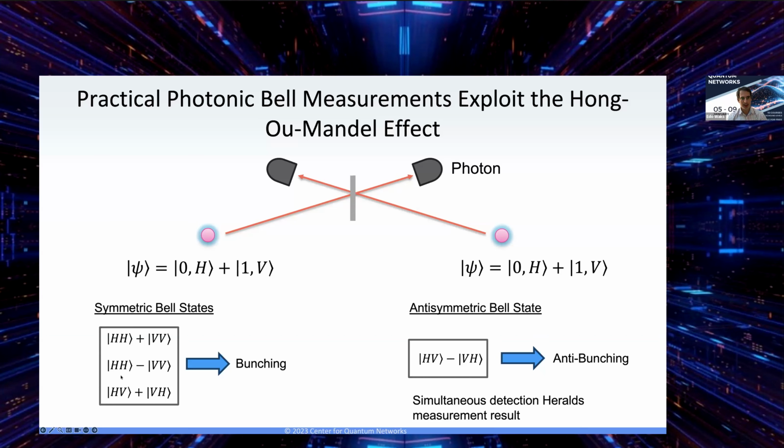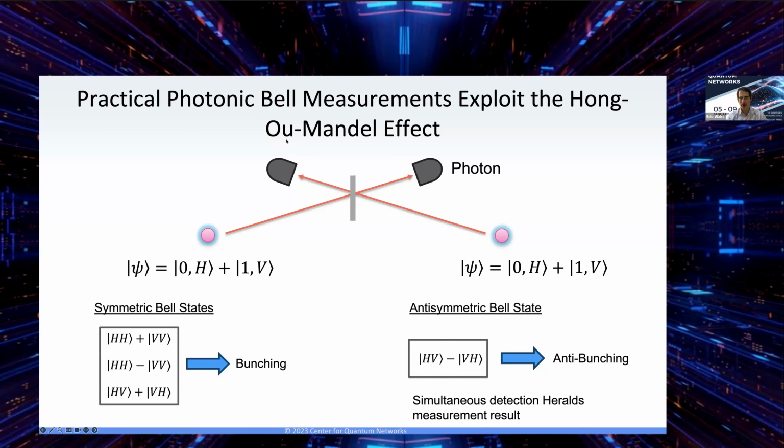And in fact, it turns out that if the photons are in the symmetric triplet Bell states, these three Bell states, they will never create a simultaneous click. But if they're in the antisymmetric Bell state, this one, they will, with 100% probability, create one click on this detector and one click on this detector, assuming they made it to the detector.